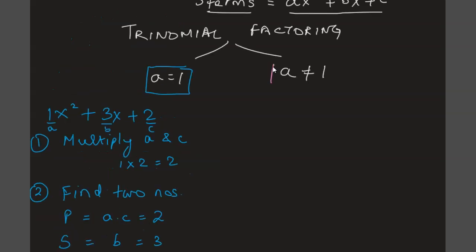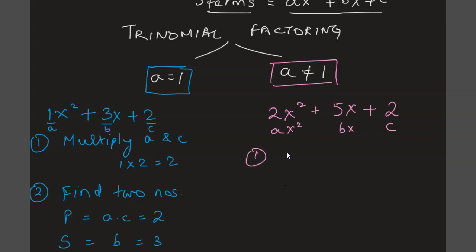Let's take up an example where a is not equal to 1. The example is 2x squared plus 5x plus 2. Again, we can see we have the question in ax squared plus bx plus c form. So my a is 2, b is 5, and c is 2.